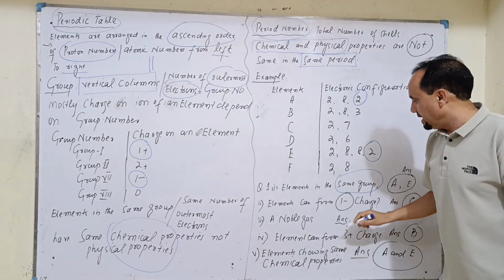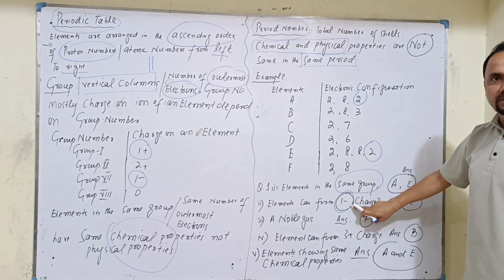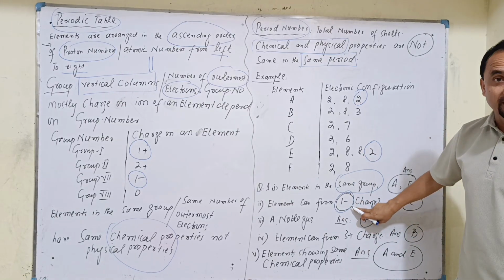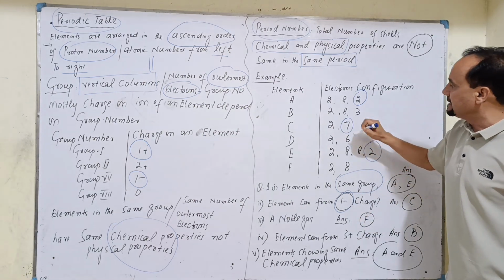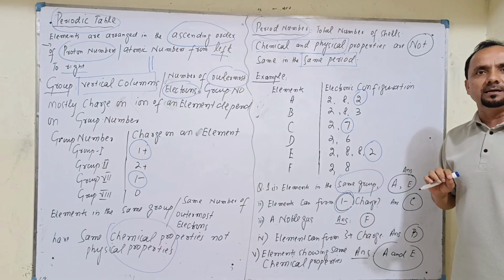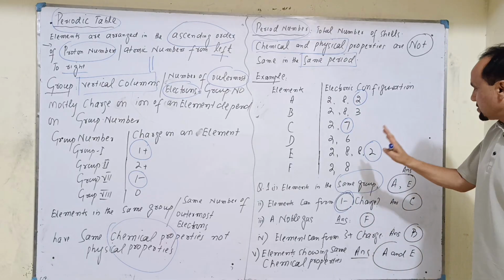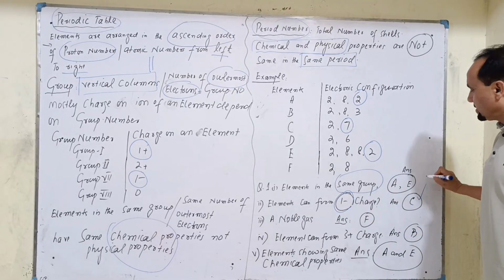Second question, element which can form 1 minus charge. 1 minus charge means there must be 7 electrons in the outermost shell. So look at element C, it has 7 electrons, it needs 1 electron to complete its octet, so the charge is -1. So the answer is C.